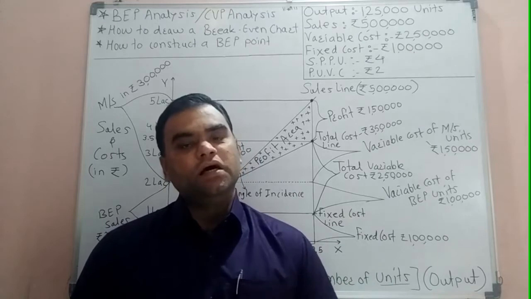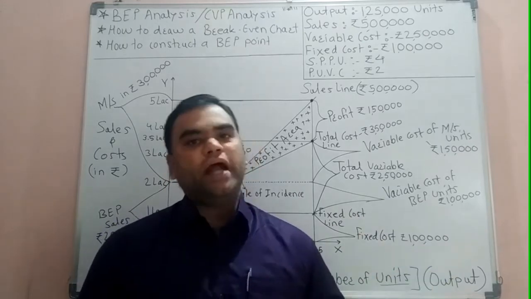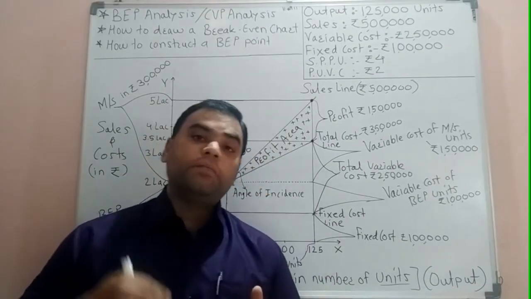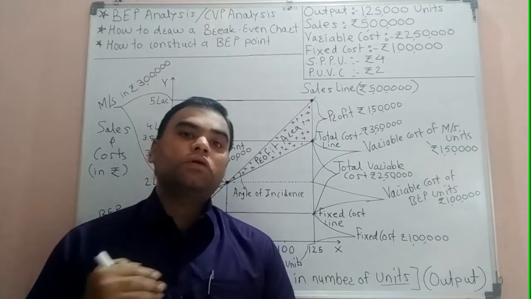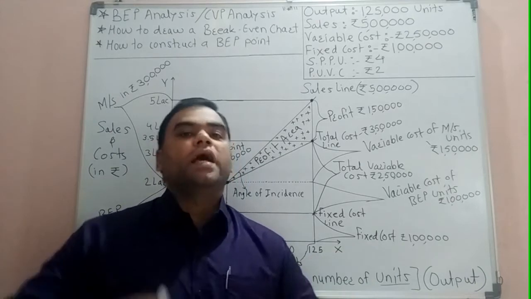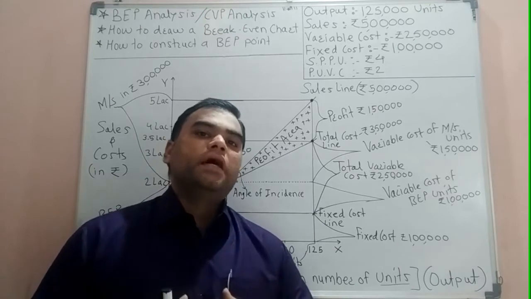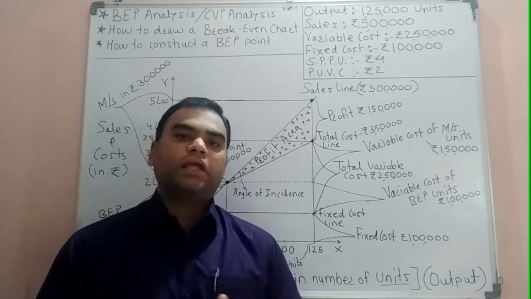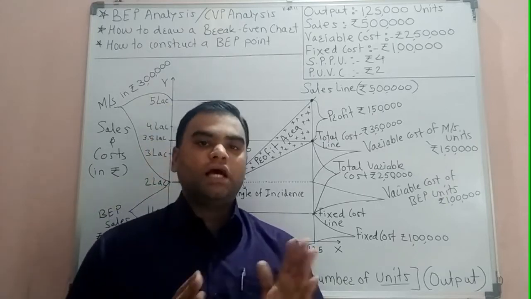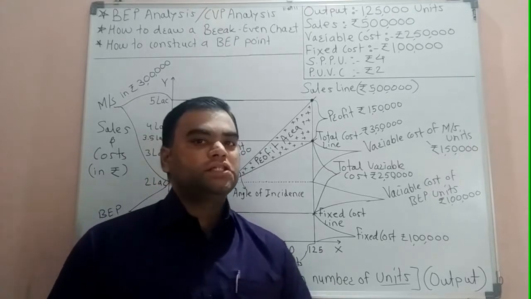When our total contribution becomes exactly equal to our total fixed cost, then automatically our total cost and total sales also become exactly equal, and the break-even stage, that is the no profit no loss stage, comes. So in the last lecture we discussed what BEP stage means and when it comes.